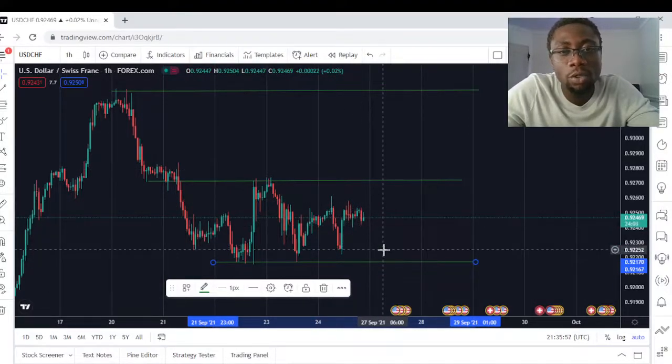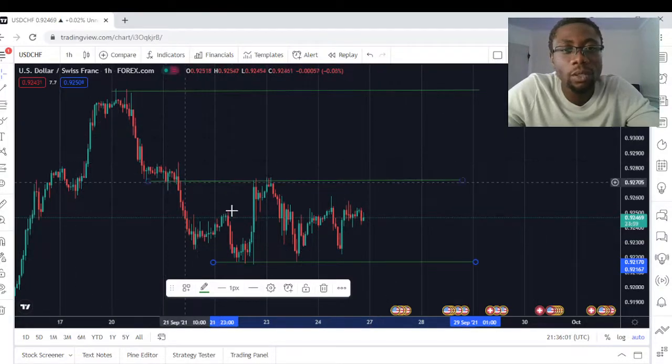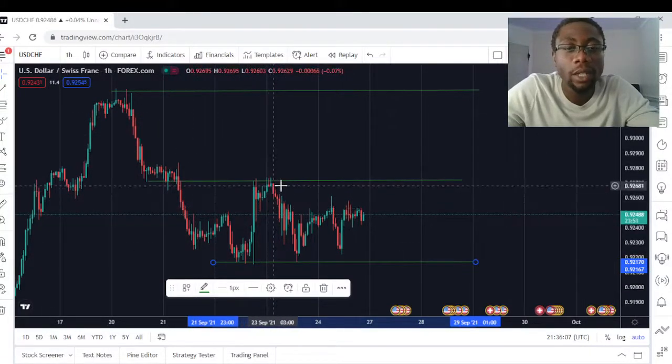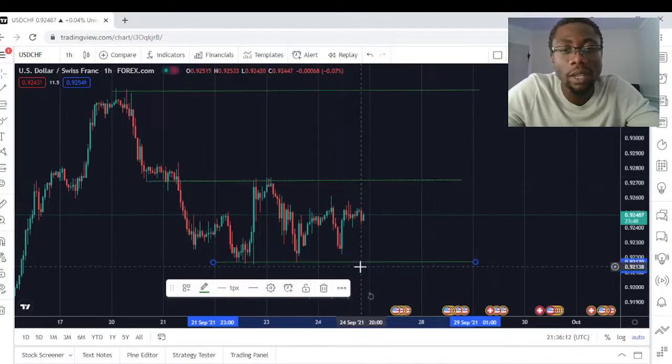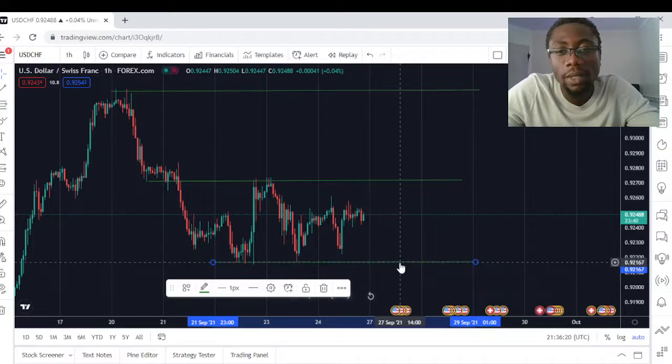No need to really draw too many lines for this specific chart. We have the USDCHF, which has experienced a bit of a downturn and has failed to break higher. It's currently in between these two brackets right here. The area where price is currently being held between 92,719 and we have the 92,167.